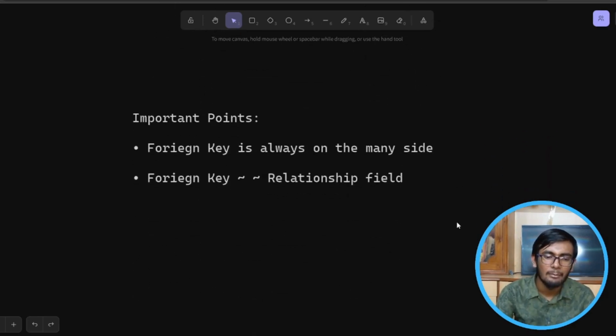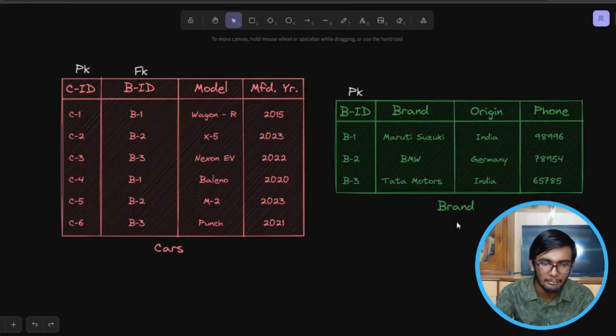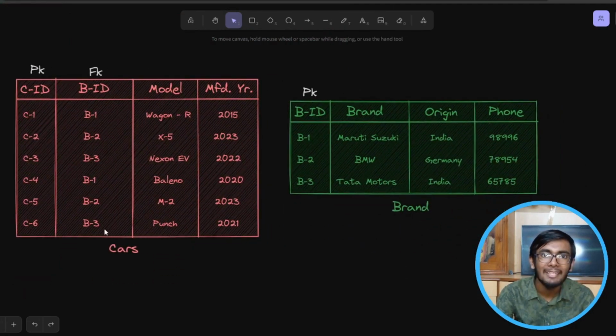Now, some important points. As we saw in the foreign key concept, the foreign key is always on the many side object. If we see our example, the foreign key is on the many side, which is the cars side, not the brand side.